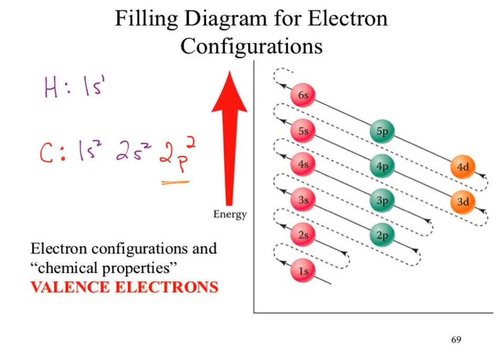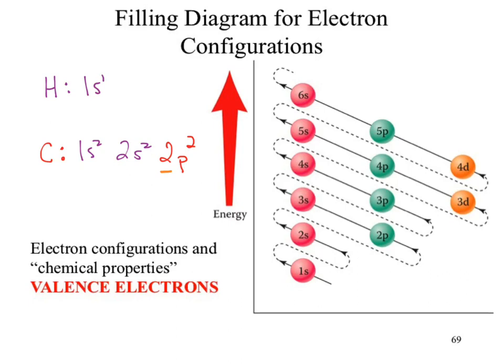I'm going to argue p has nothing to do with energy. What part of 2p2 has to do with energy? The 2 in front. Because what did the 2 in front represent? The energy level. The p was the type of orbital at that energy level. The superscript 2 was how many electrons there were.